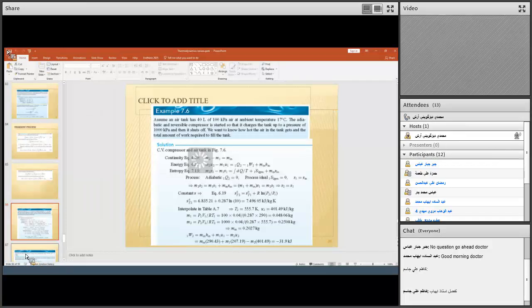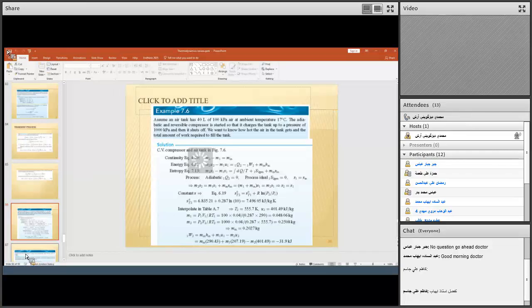So M2S2 equals M1S1 plus M in times S in. For M in, we use M2 minus M1 according to the continuity equation.